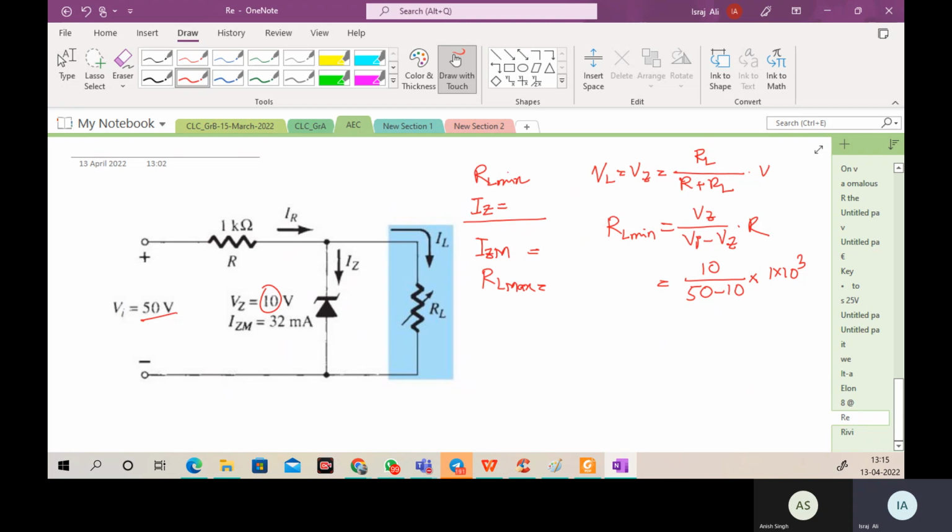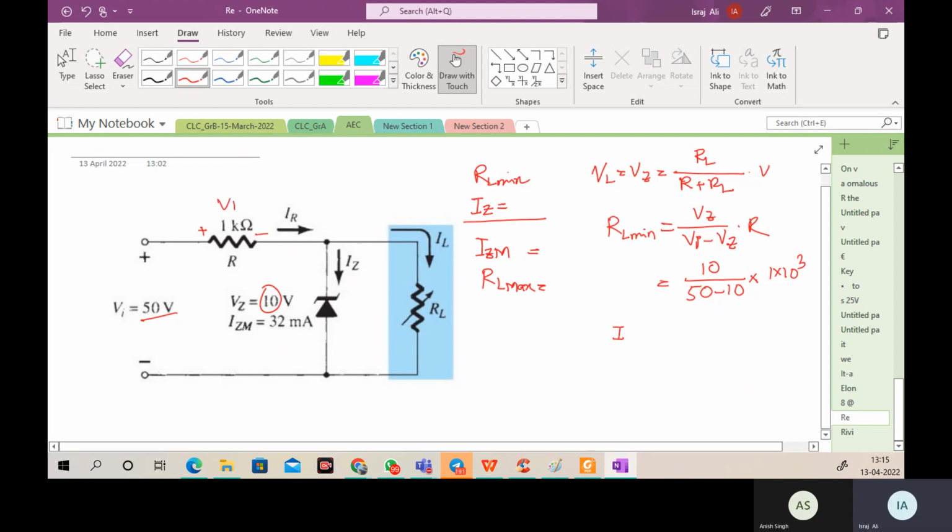Now, what will be the current? VR by R, but what is VR? We can easily take this one. If it is VR, this is across 10 volt. So what will be the current IR then?